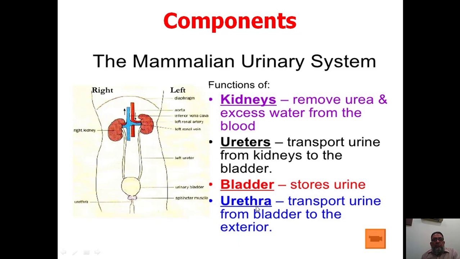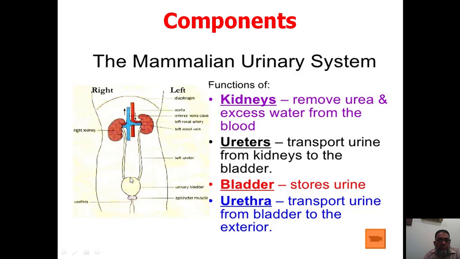The mammalian urinary system is comprised of the kidney, which removes urea and excess water from the blood. The ureter transports urine from the kidney to the urinary bladder, which is the storehouse of the urine, and the urethra transports urine from the bladder to the exterior.